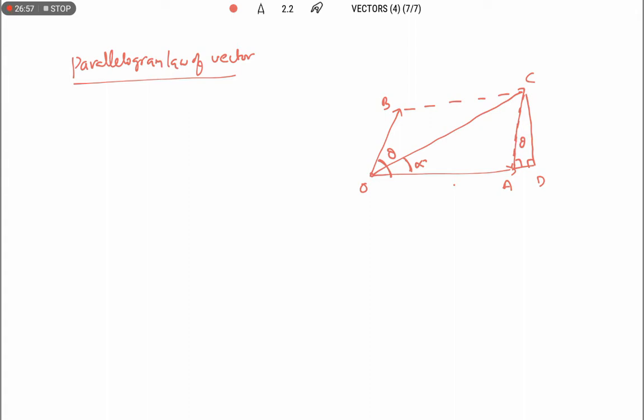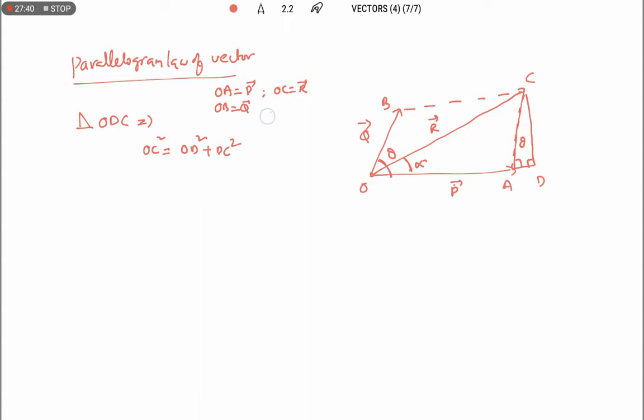So the derivation will be the same. There we are taking right angle triangle ONB, here we are taking right angle triangle ODC. From right angle triangle ODC we can write OC square is equals to OD square plus DC square. So this is P bar, let us assume, and Q bar, and this is our resultant. OA is P bar, OB is Q bar, and OC is R bar.